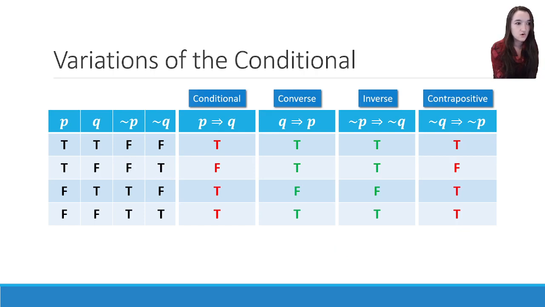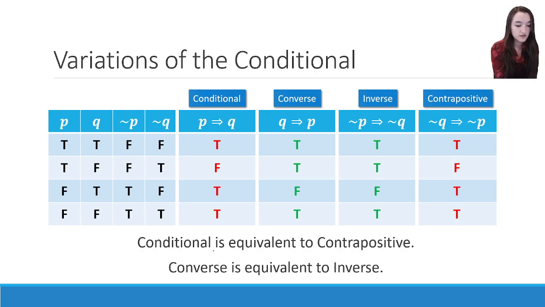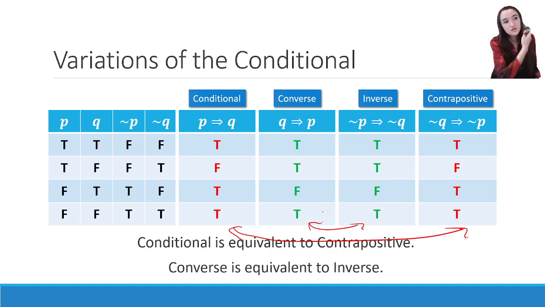So notice which are equivalent. The conditional is equivalent to the contrapositive, and the inverse is equivalent to the converse. So this is a very important concept to understand because it's one that gets mistaken a lot.